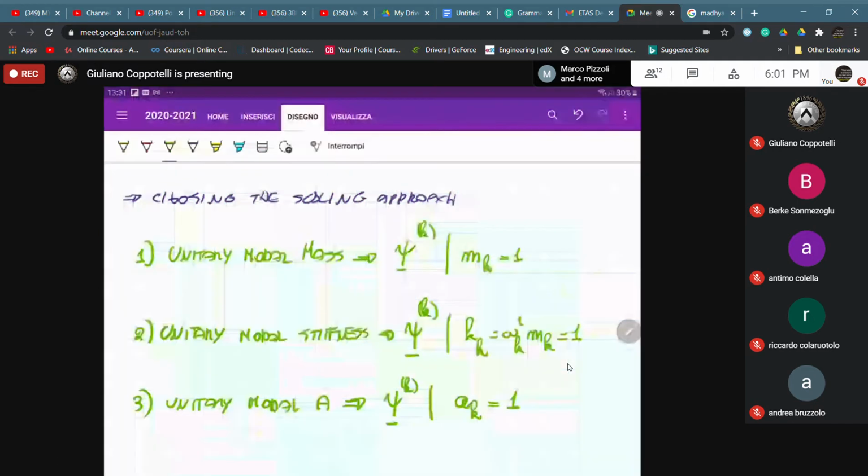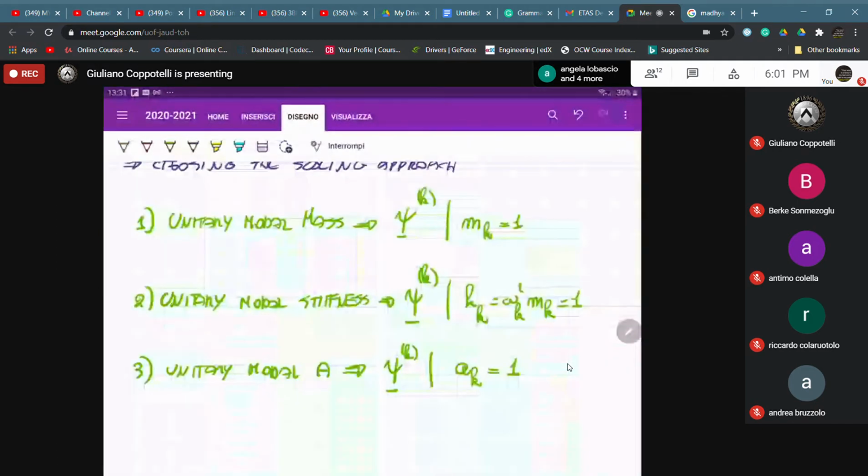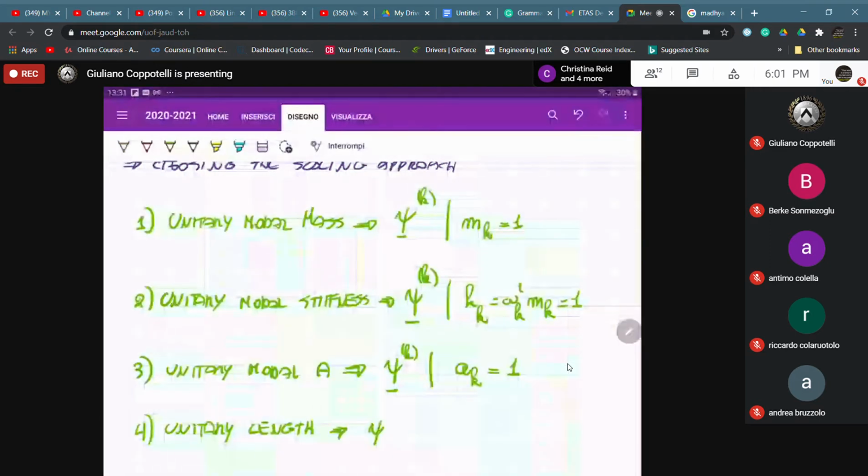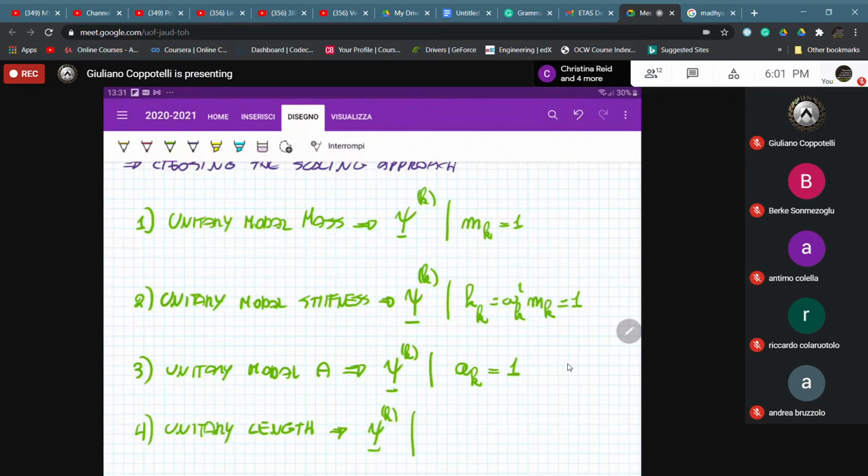That is another option. Then a different option could be unitary length. In this case, your K mode shape is such that all the components phi i relative to the K mode, from 1 to the number of outputs, squared sum is equal to 1. So the norm of that vector is equal to 1.